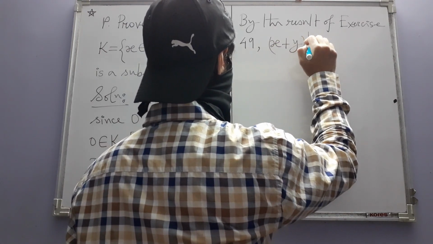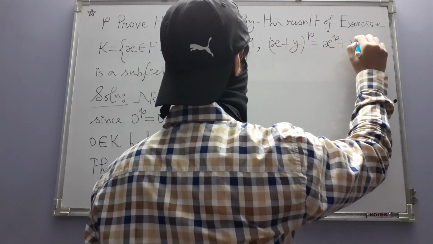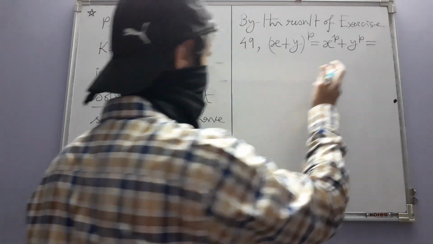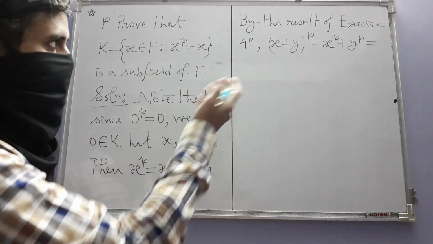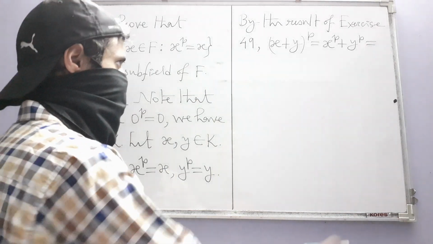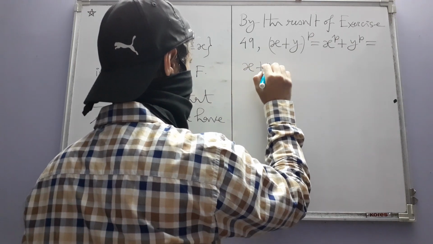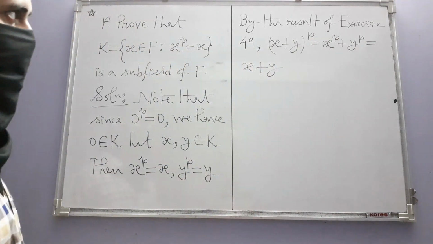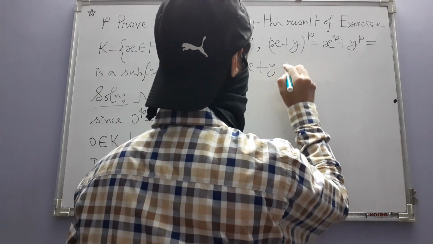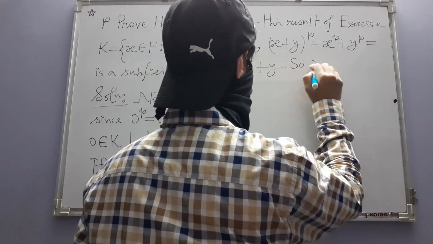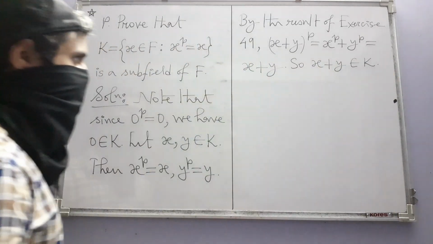You may recall, in fact you go back to exercise 49, there you will see that we have already proved this. But now this is nothing but x and that power is y. So the pth power of x plus y is also x plus y. So x plus y belongs to K.